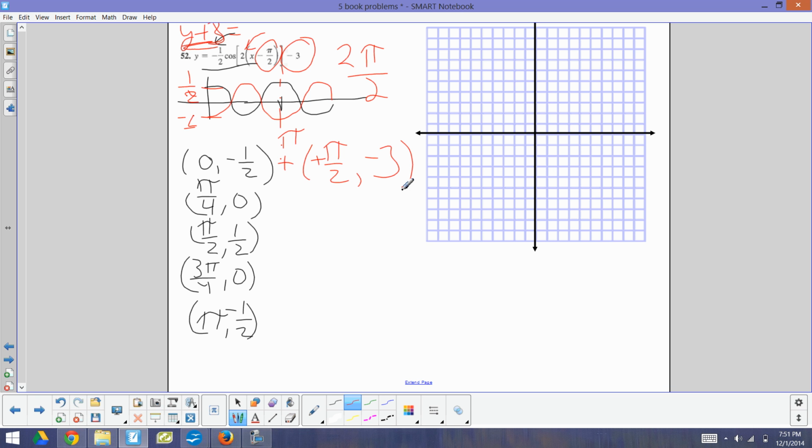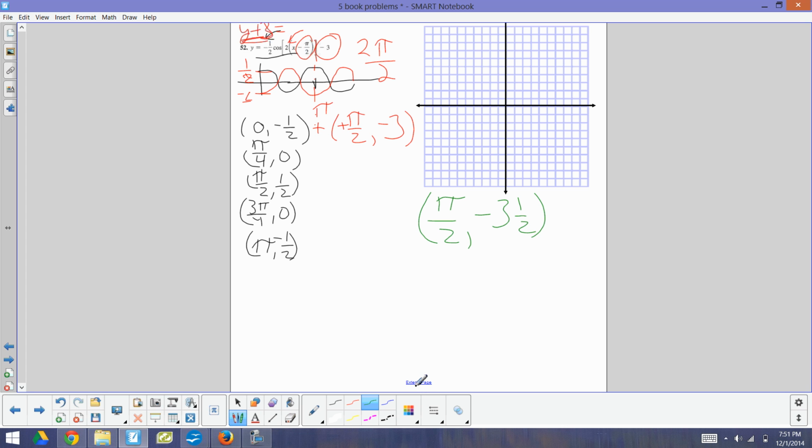So my new points are, my first one will now be pi over 2, comma, -1/2 minus 3 is -3/2. Pi over 4 plus pi over 2, you need a common denominator, so call pi over 2 2 pi over 4, plus pi over 4 gives you 3 pi over 4, -3.